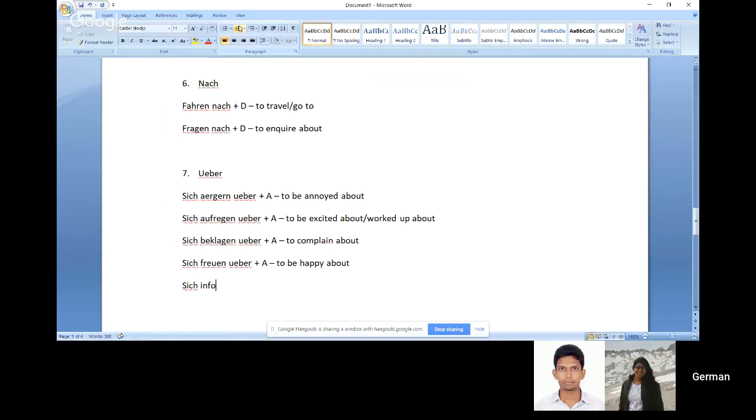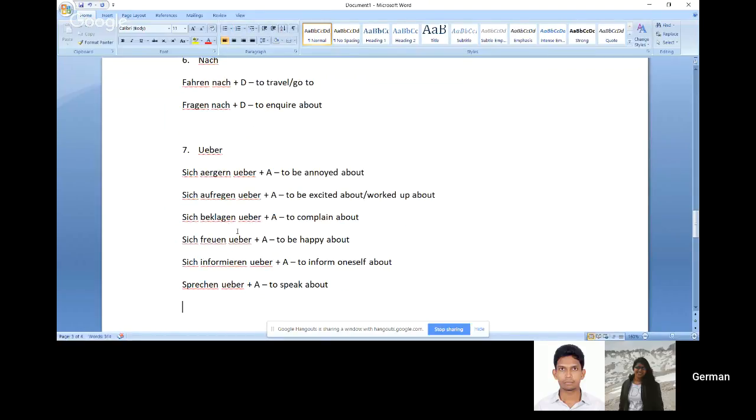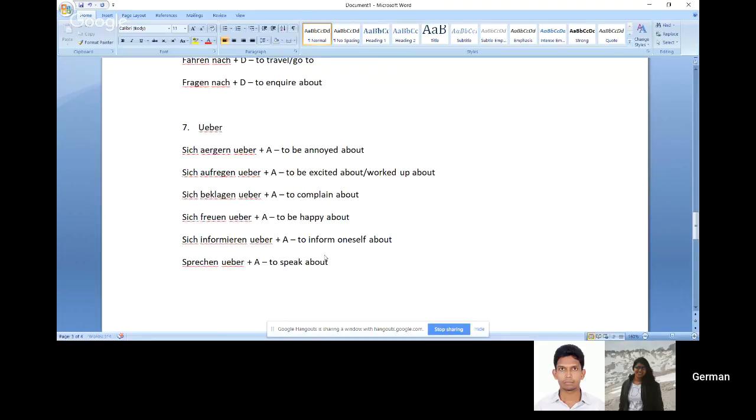Sich informieren, sprechen über plus accusative, to speak about. Okay, so these were a few verbs with über.